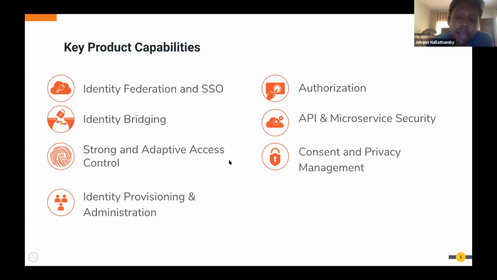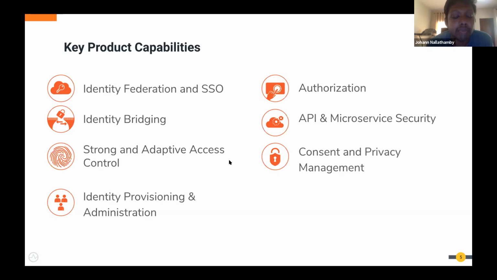Then modern organizations, all of them require APIs and microservices in some form. And API security and microservices security are a hot topic these days. So on that front, we support many standards, especially the OAuth 2.0 core standard, then the extended profiles of OAuth 2.0, and the OpenID Connect suite of standards that are built on OAuth 2.0.